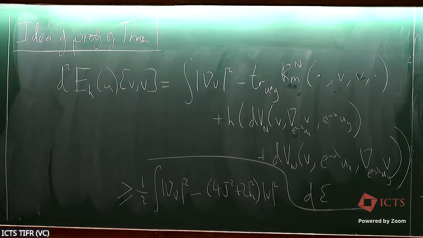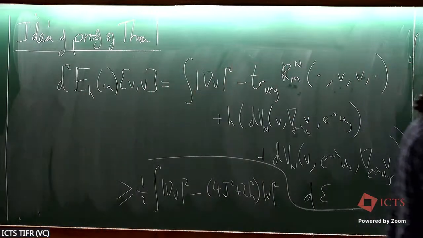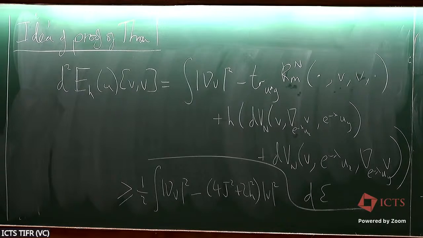Absolutely. This is a common theme of this kind of game. You would then minimize J squared over the embedding, that's right. You'd want to find the best embedding possible. Exactly the same thing happens proving index bounds from the other side. You have to embed it somewhere, usually Euclidean space, to construct test functions. And then you get extra noise from the embedding in your calculations, which you want to minimize.